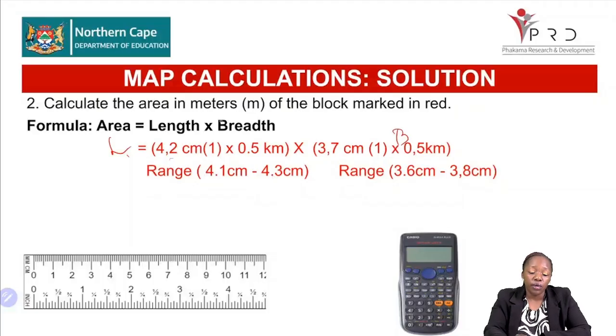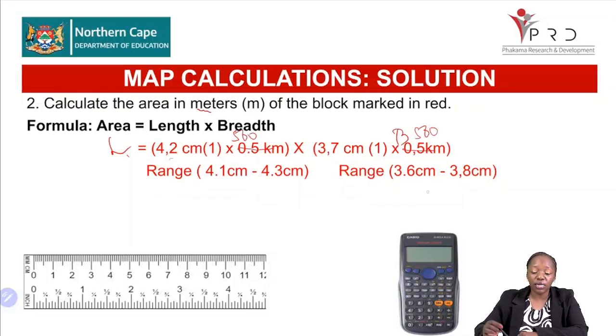So now, they said our answer is supposed to be in meters, which means you need to use 500 because you are using a topographic map. And then again, you use 500 because we are using a topographic map. So again, when it comes to the second side, which is your breadth, the shorter side, your 3.7. So some will get 3.6 and some will get 3.8. You will always be given that option.